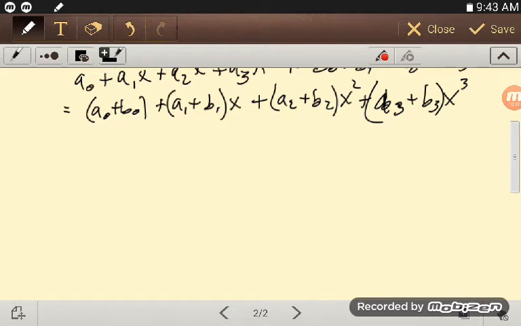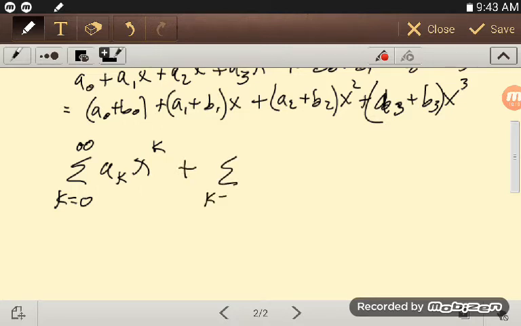is we're going to need to add stuff like the sum from k equals 0 to infinity of a sub k x to the k, and then something else, where I'm just going to write it very generally this time: k equals 2, say, to infinity of b sub k x to the k minus 2, something like that.